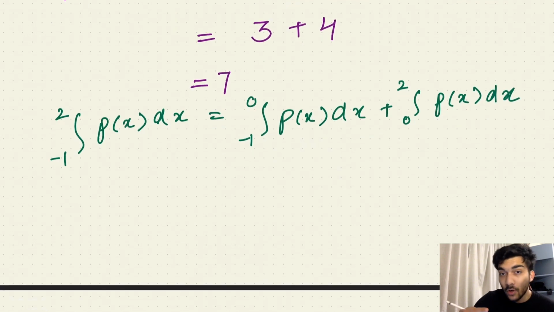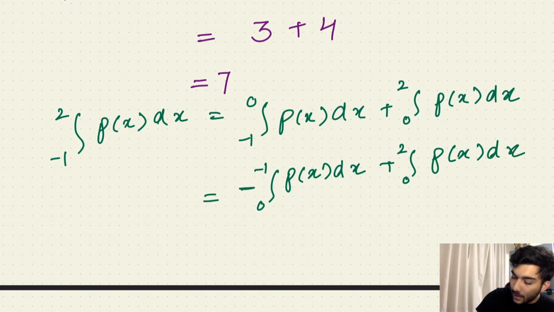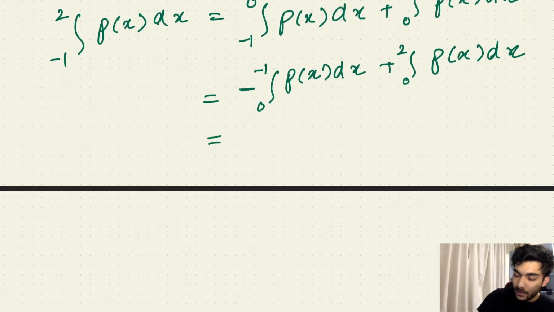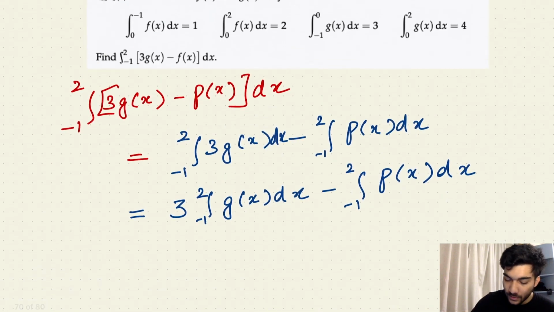I can use the second property of definite integrals that we covered in the last video, which is flipping those endpoints. If I flip those endpoints, it would become minus the integral from 0 to minus 1 of f(x) dx plus the integral from 0 to 2 of f(x) dx.